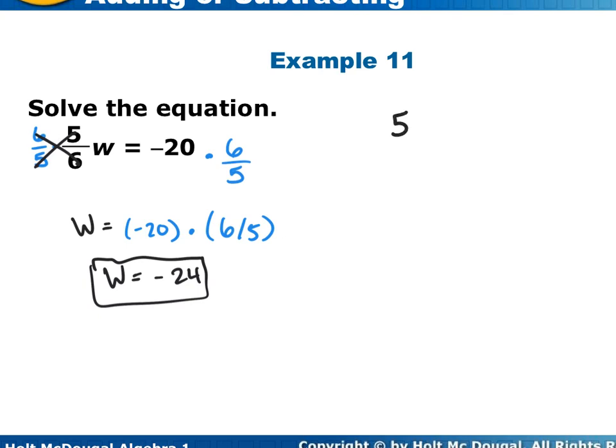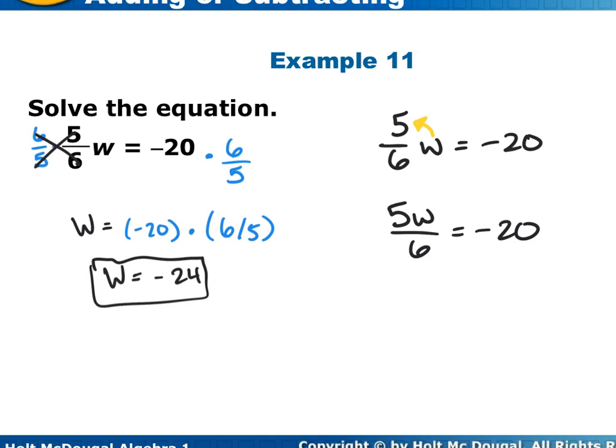Now, I'm going to show you how you could have worked this out one other way, because some students don't like doing the reciprocals, which is fine. Okay? Now, if you wanted to work this out another way, here's the first thing you've got to do, is you've got to take that w and rewrite this equation where the w is in top of the fraction. So what I mean by that is you would write it as 5W divided by 6 equals negative 20.